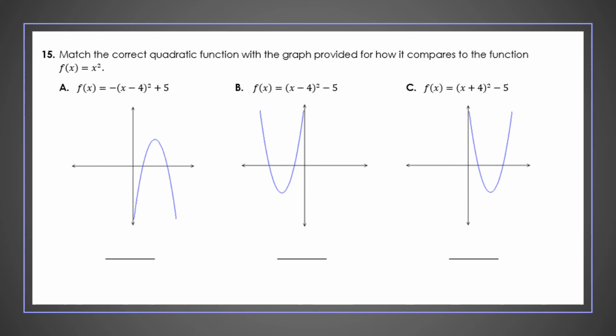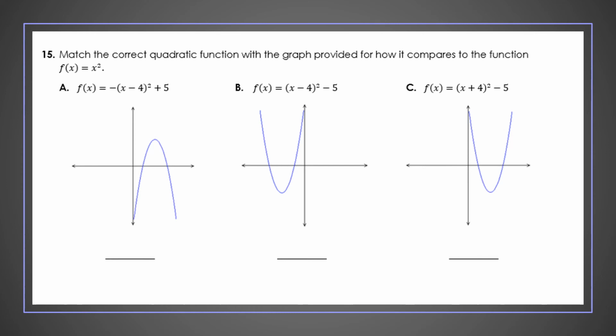Right, in number 15, we are matching the equations to the correct function. You can either think about it in terms of transformations, like did it reflect, did it shift up, down, left, right, but all of these functions are in vertex form, so you can also look at the vertex of it.